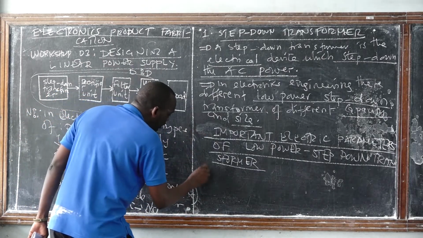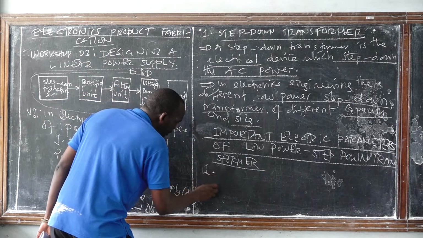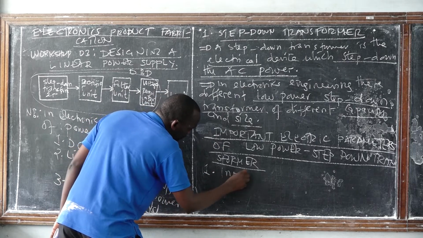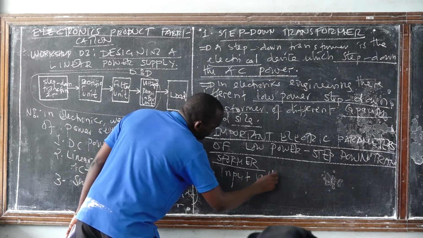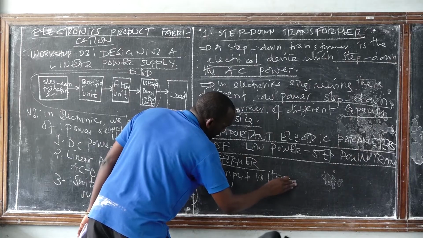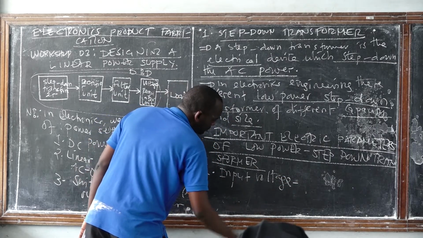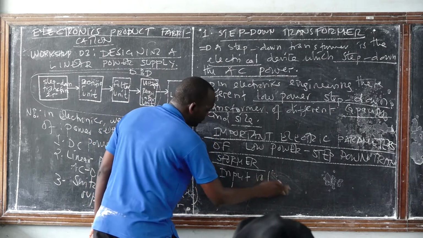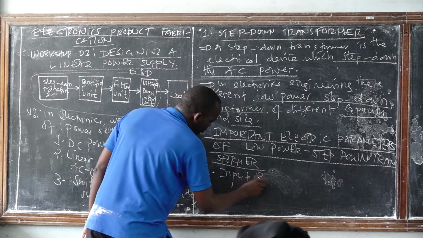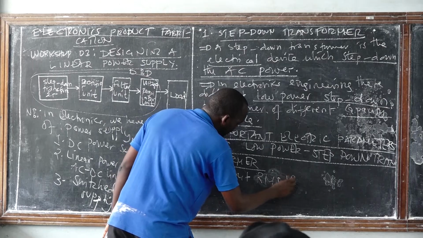The first important parameter is called the input voltage, or simply the input root mean square voltage.